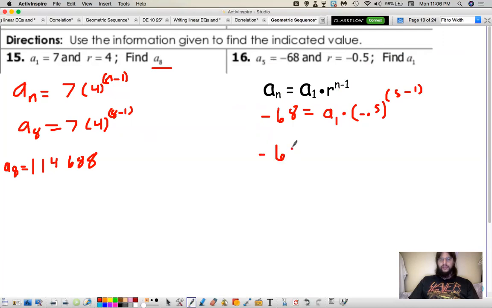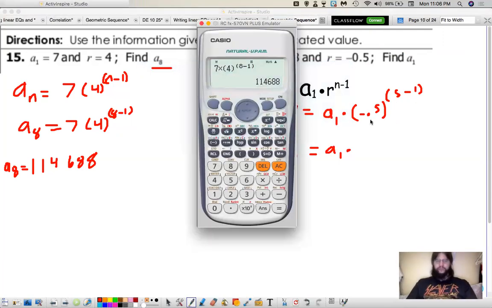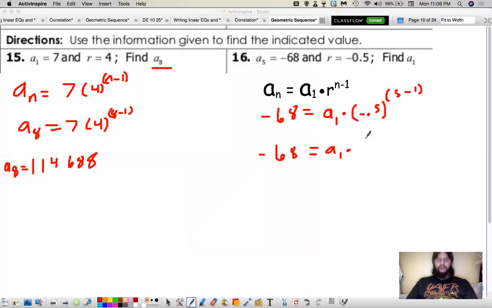So -68 equals A1 times, type this in the calculator, -0.5 raised to the 5 minus 1. And that gives me 1/16.